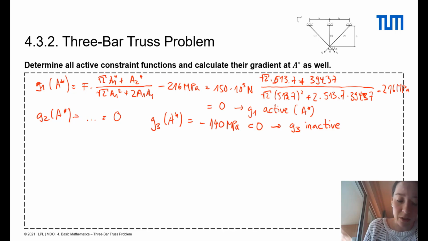Now we have to compute the gradients, and it's kind of a pain. So for G1 over A1, we derived this with A1, well, without the stars. And then we'll plug in the values again, so our optimal values, and also the value for F. And we get a formula something like this.